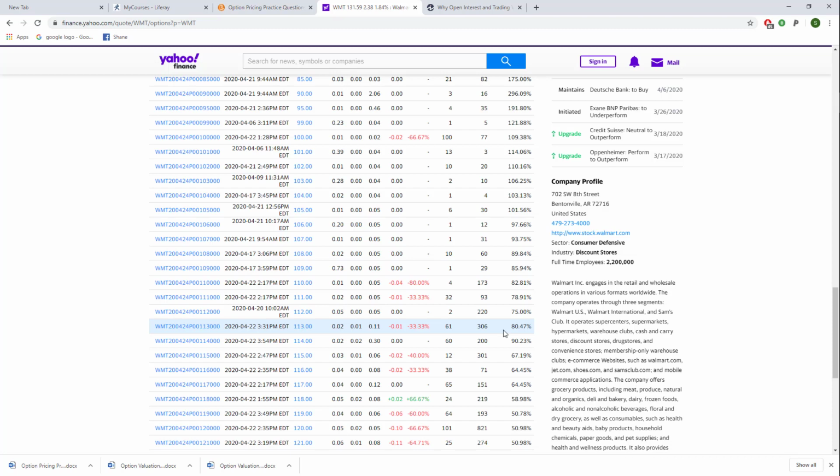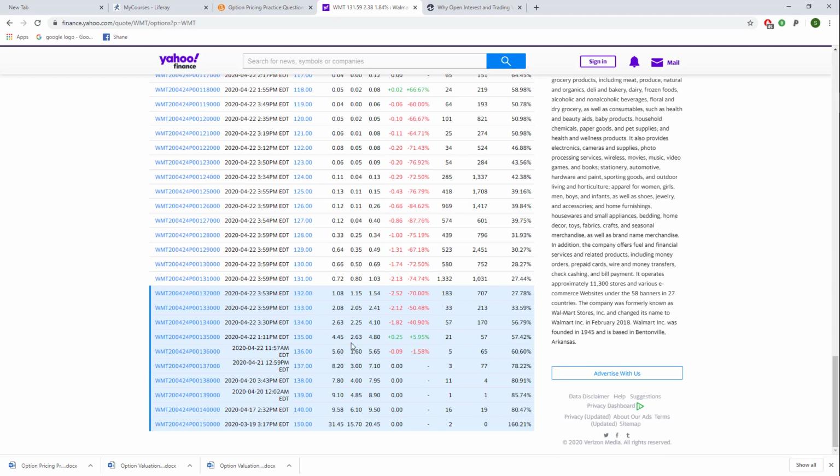So if you purchased a stock option, a call option or a put option, prior to the whole meltdown happening over the coronavirus, the value of your options would have gone up tremendously, because you have a greater chance of a greater payoff as a result of that volatility.